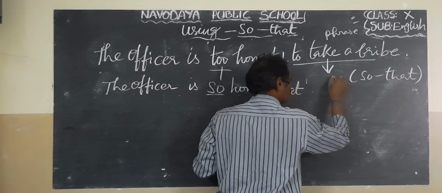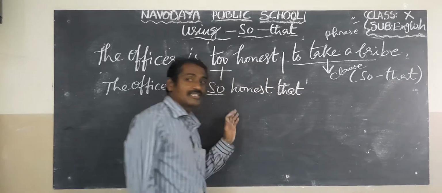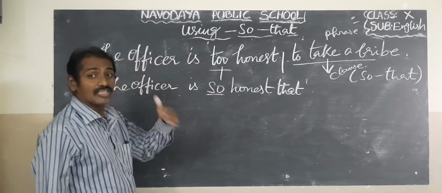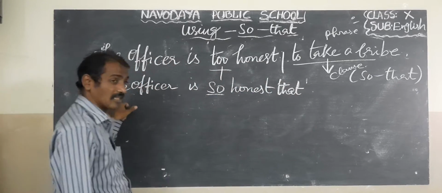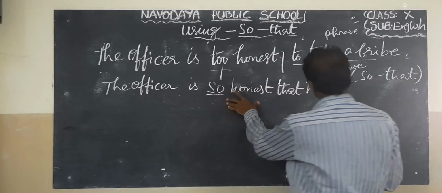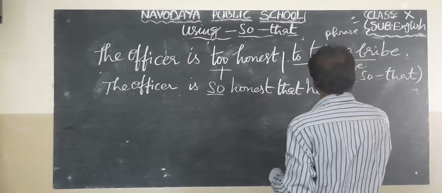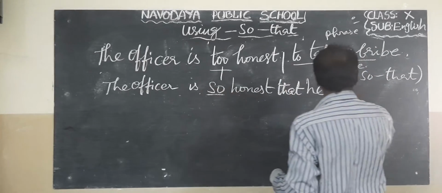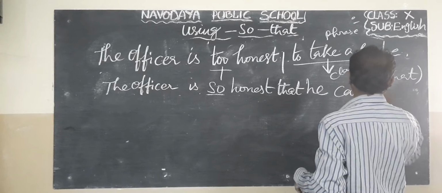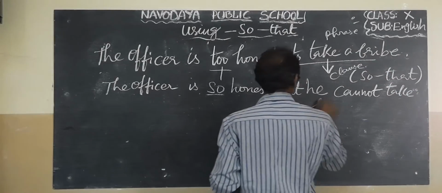So the phrase should be converted into a clause. A clause requires a subject. Who is the subject here? The officer. That means he. So that he. So honest. So the officer is so honest that he cannot take a bribe.